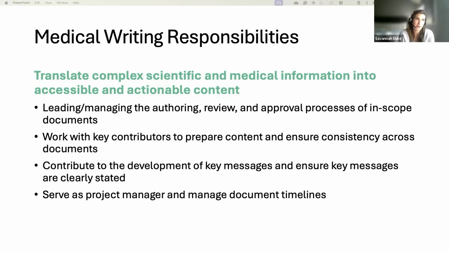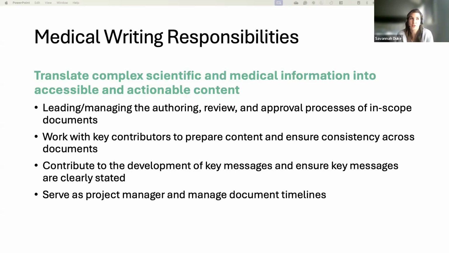So, as medical writers, we're also contributing to the development of those key messages and ensure that those key messages are clearly stated. So, a big part of what I do is making sure that things are very concise, we call it lean authoring, where you're not adding a lot of fluff and you're pretty much presenting the data and presenting the key messages that align with the company strategy.